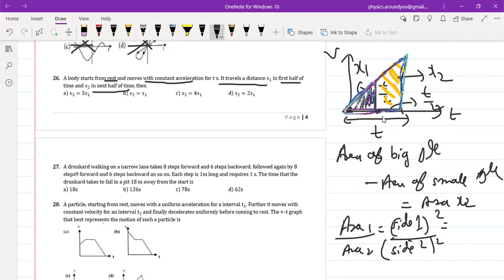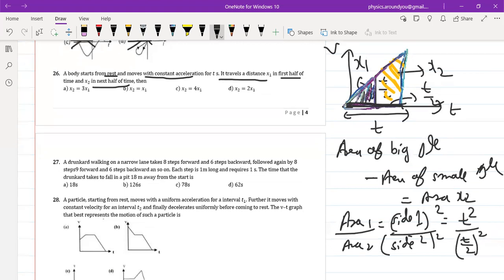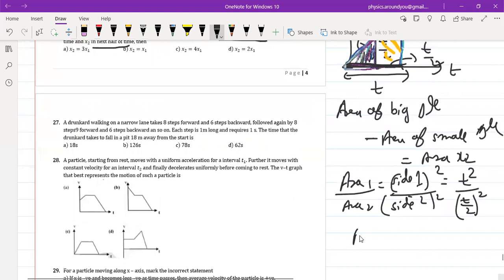The only side I can compare is the base. The base of the big triangle is t, whereas the base of the small triangle is t by 2. So I can outrightly tell that the area of the big triangle is, you calculate the ratio, 4 times the area of the small triangle.